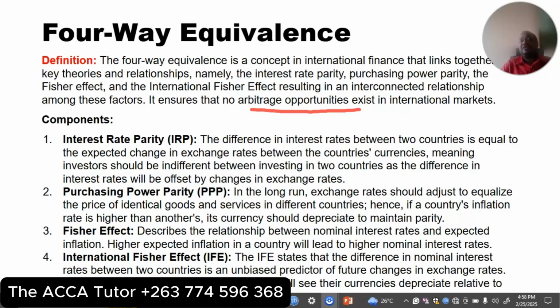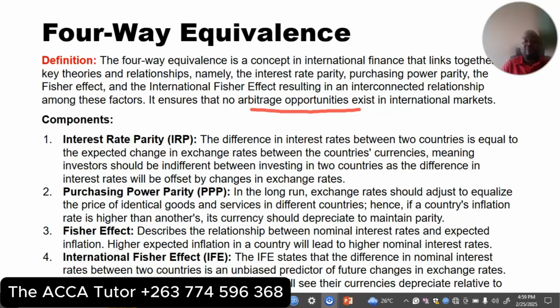This is why in these capital markets, you are not going to find somebody who is going to win millions overnight, whether it be Bitcoin trading or these other electronic financial market platforms. The opportunity of making it is usually scant. It's not obvious, right? Why? Because the arbitrage opportunities are going to be as minimal as possible, because of this four-way equivalence theory.